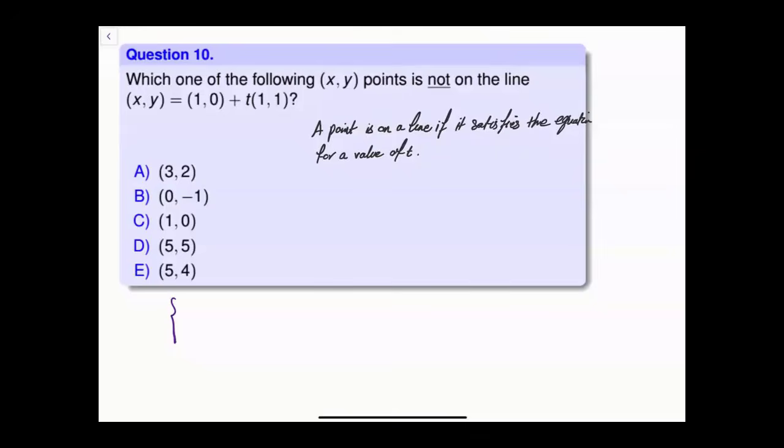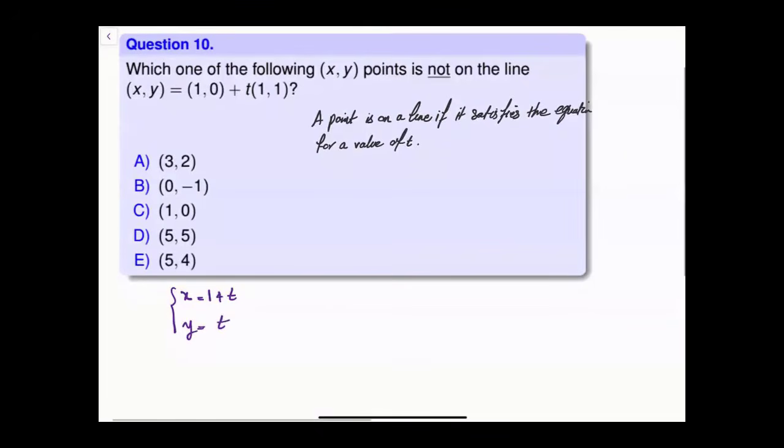So the parametric equation will be x equals 1 plus t, and y equals 0 plus t, just t.